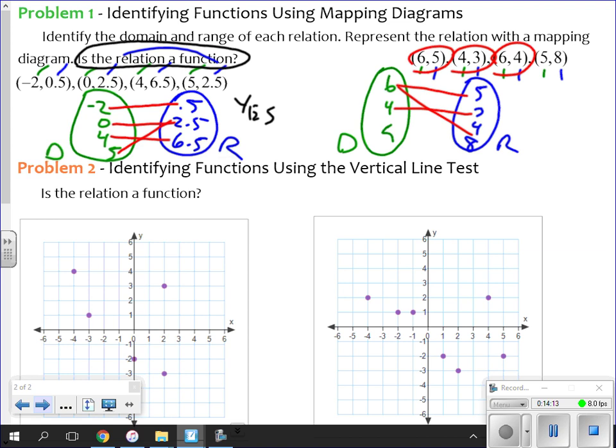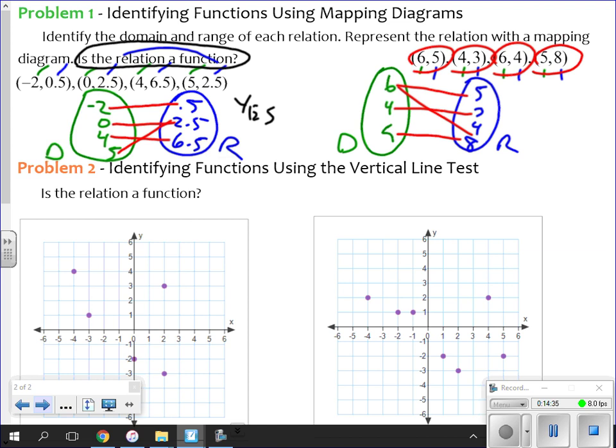Uh-oh. I can do that. Don't get me wrong. That's not what the uh-oh is about. And then my last pairing, I have 5 to 8. So that's the mapping.